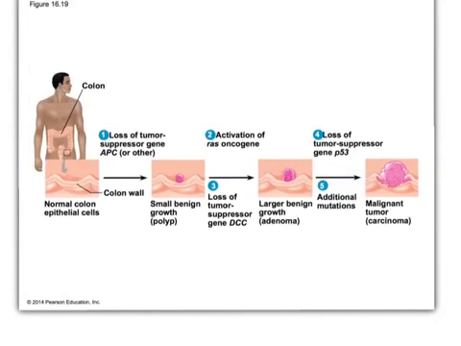So this is a great model of showing you the disruption in multi-step, different processes along the line that lead to malignancy. And the same thing can be said for breast cancer.